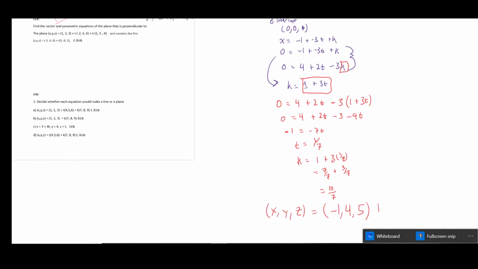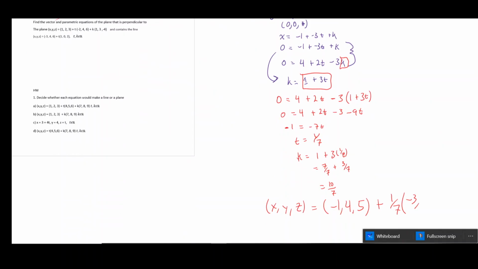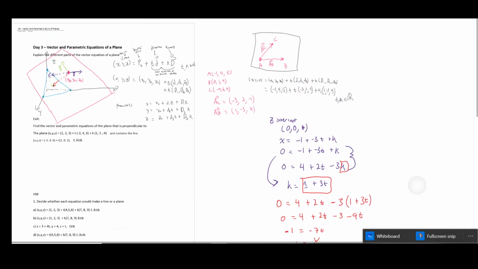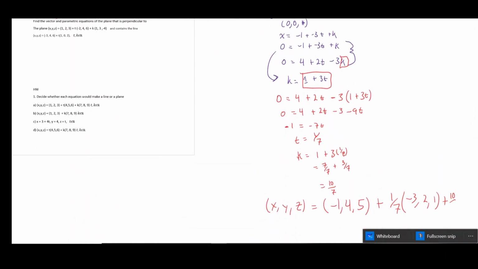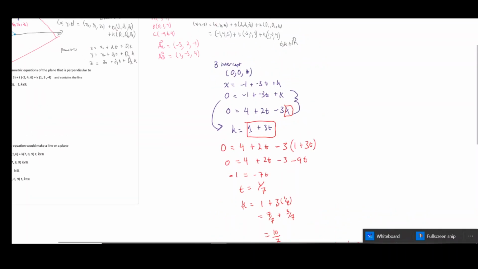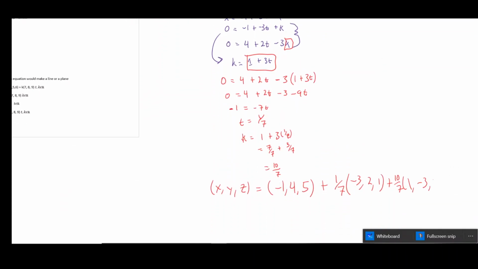Plus t is 1/7. That vector is negative 3, 2, 1, plus k was supposed to be 10/7 times that last vector, sorry for the scrolling, 1, negative 3, 4.